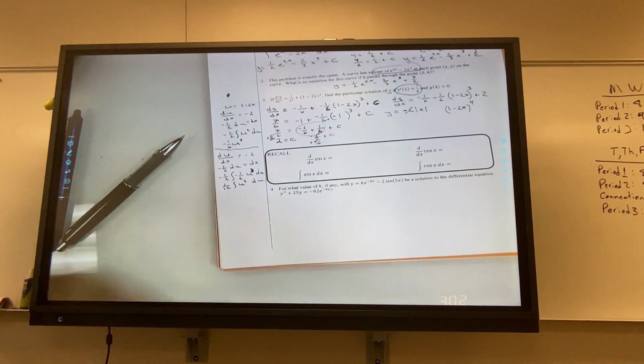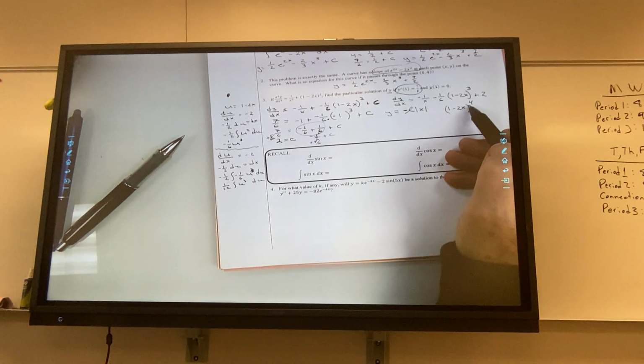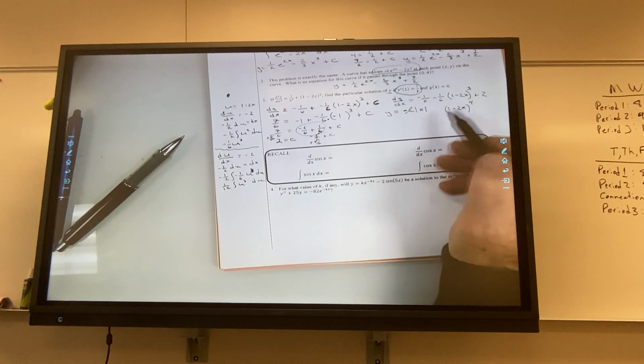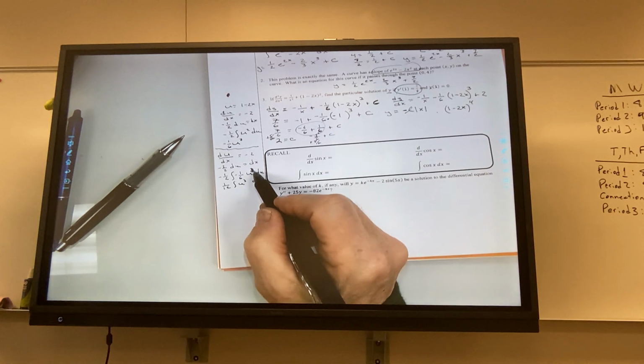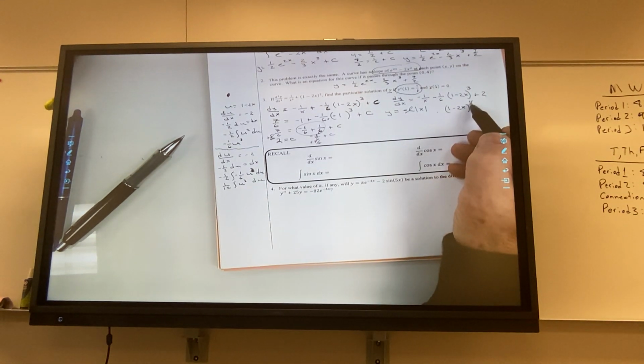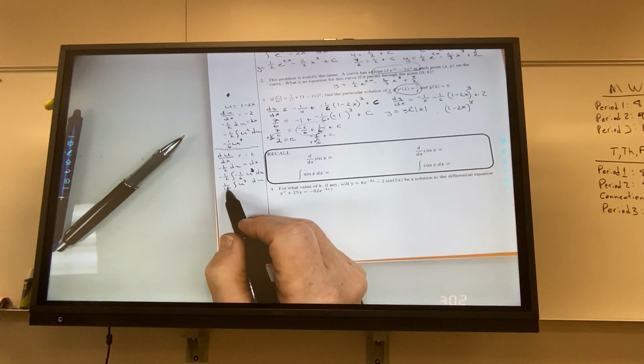I'm going to pause. You know, I'm trying to save myself some work, right? Because in a lot of ways I'm doing the same thing. I know I'm going to get this here, correct? The question is what's the coefficient going to be here? So this is going to become the 4, and I'm going to either divide by 4 or multiply by 1/4, correct?